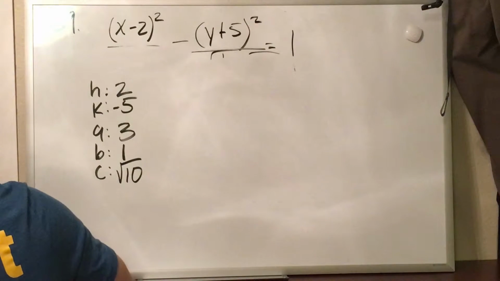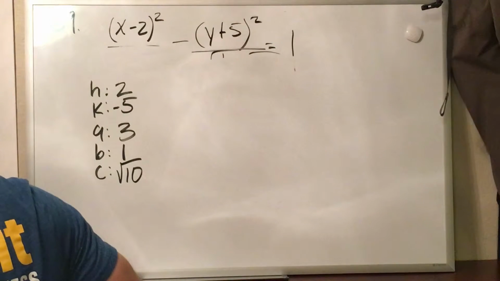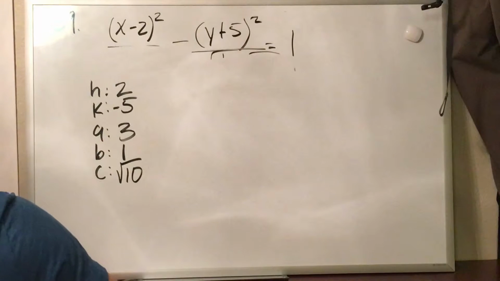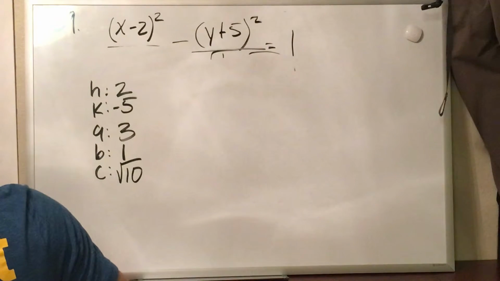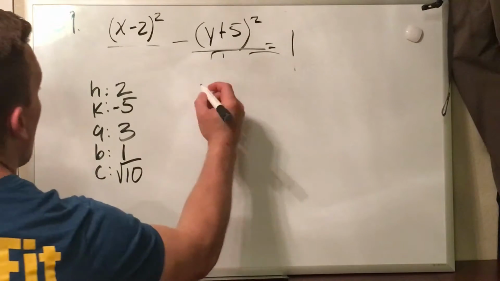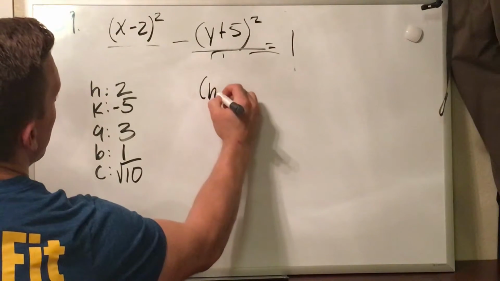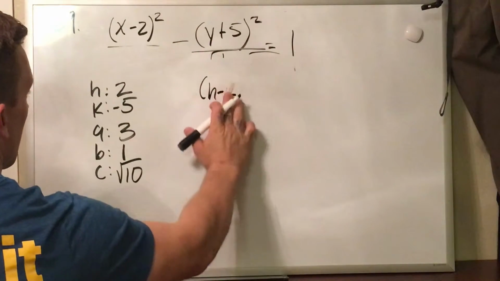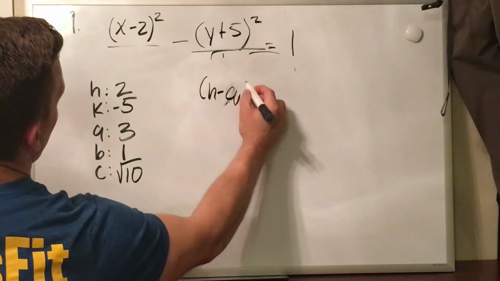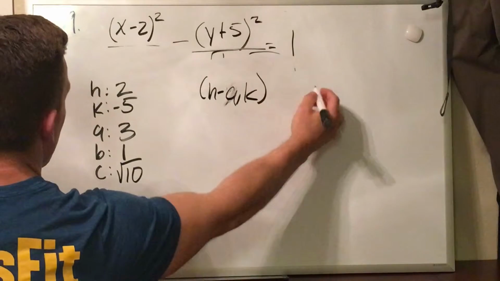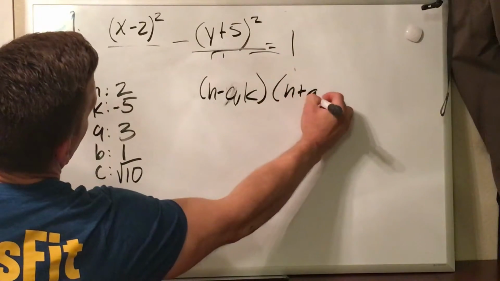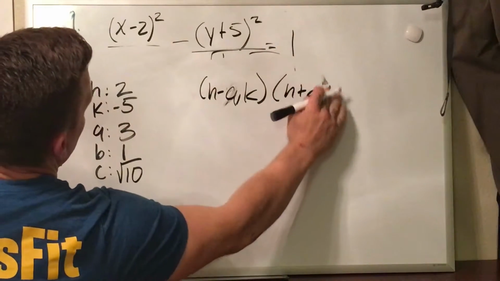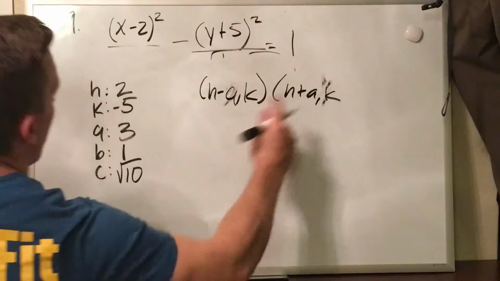Alright, now in order to find our vertices, we know that it is (h minus a, k) and then (h plus a, k).